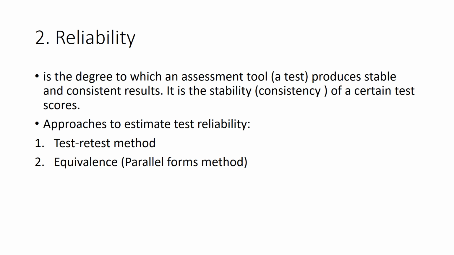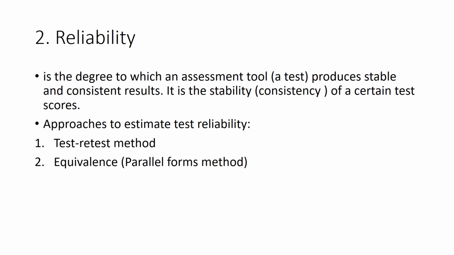So for instance, in the first test, you were testing present simple tense. Okay? In the second test, you also test present simple tense. But the sentences, the clues, the options, the choices that you are using to test the present simple tense in the two tests are different. So here we are using the parallel forms method.